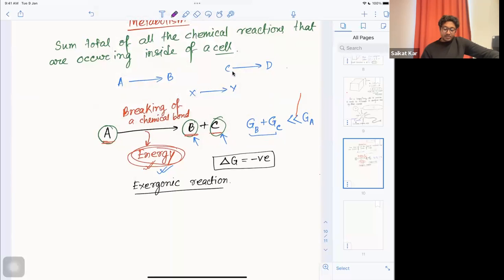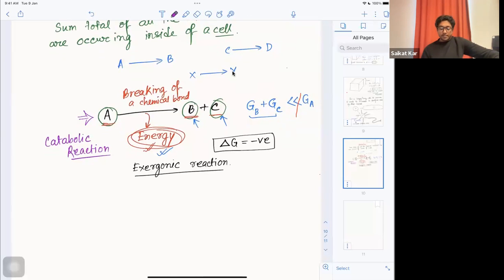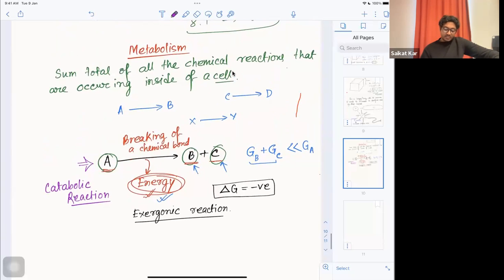Whenever there is a breakdown of a chemical bond, this type of reaction is called a catabolic reaction. And the majority of the reactions inside our cell are catabolic reactions. So a catabolic reaction is a type of metabolic reaction.